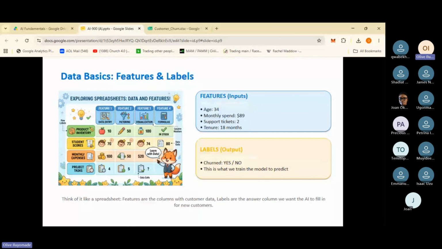The labels are like the answer column that we want to fill in for new customers, based on what's happened with previous customers.